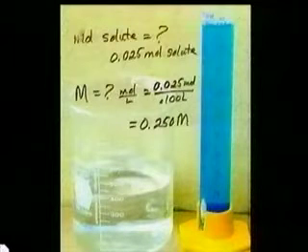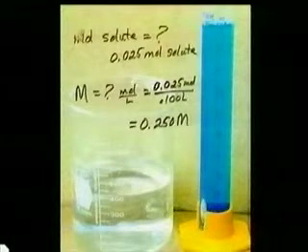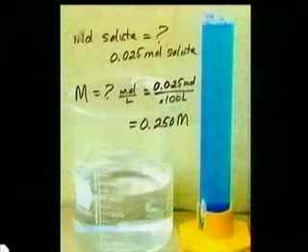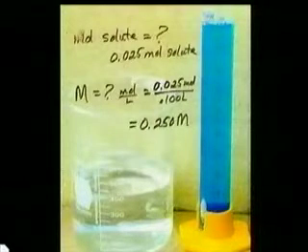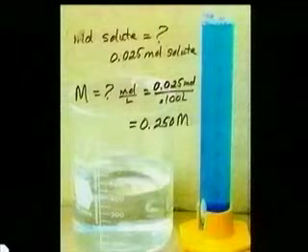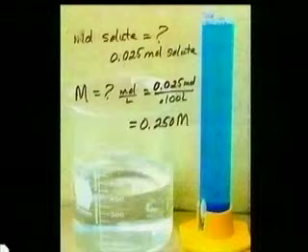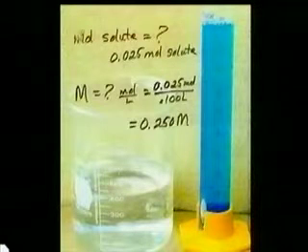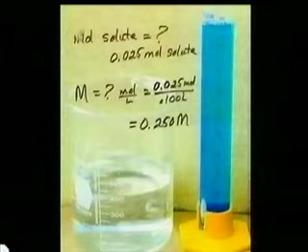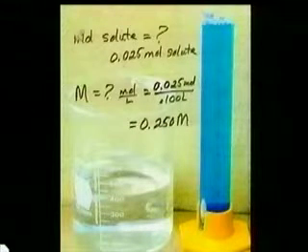No. How many moles of solute do I have in the graduated cylinder? The same amount. Nothing changed. I didn't do anything to the solute. I added solvent. There is still 0.025 moles of solute in that graduated cylinder.